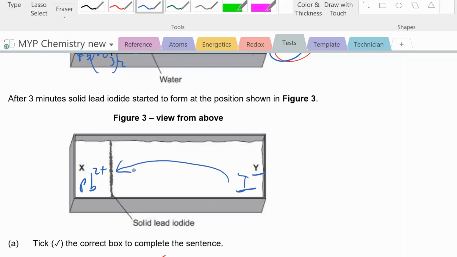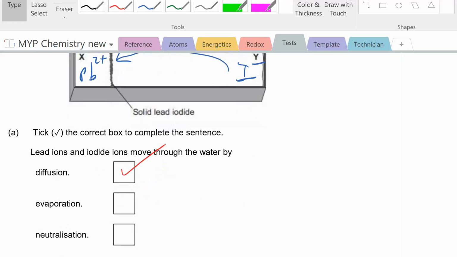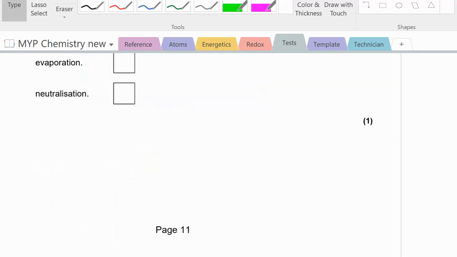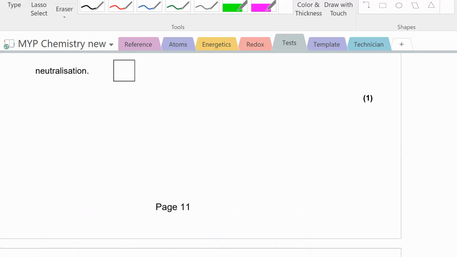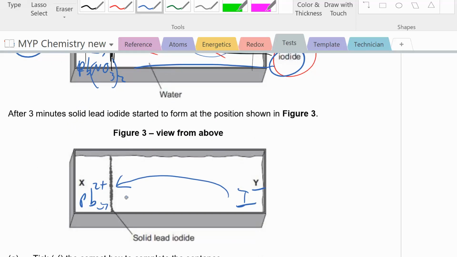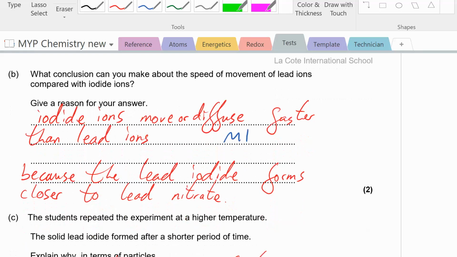Since the iodide moved much further, they are faster moving. Your first mark: iodide ions move or diffuse faster than lead, given that they got further. And that's a reason. Give a reason for your answer: because the lead iodide forms closer to the lead nitrate.